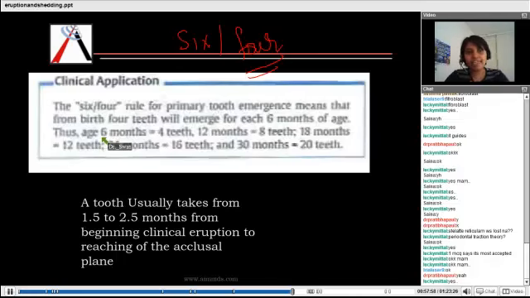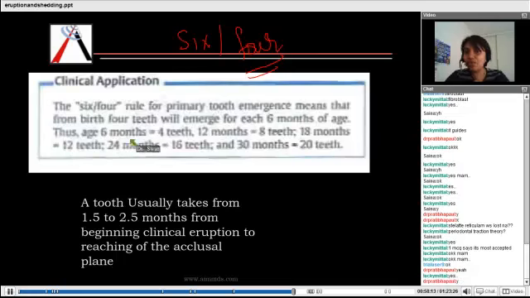That means if a child is 6 months old, there are 4 teeth. If it's 12 months old, there are 8 teeth. Get the point? 18 months, there are 12 teeth. 24 months, there are 16 teeth. And 30 months, there are 20 teeth.